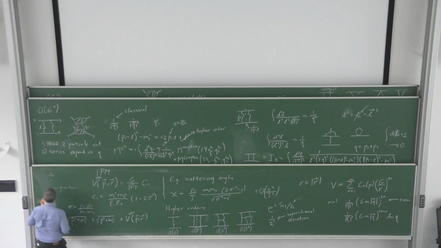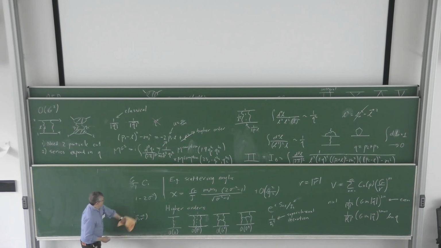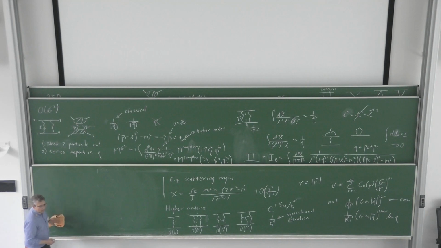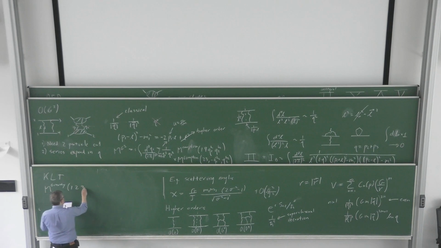So you remember in Henrik Johansson's lectures, he was talking about the double copy, the Kawai-Lewellen-Tye relations. So let's just use the Kawai-Lewellen-Tye relations. So KLT says that M gravity, 1, 2, 3, 4.